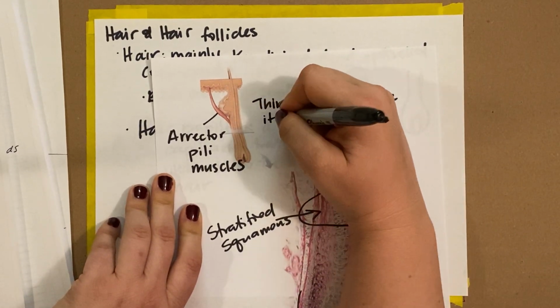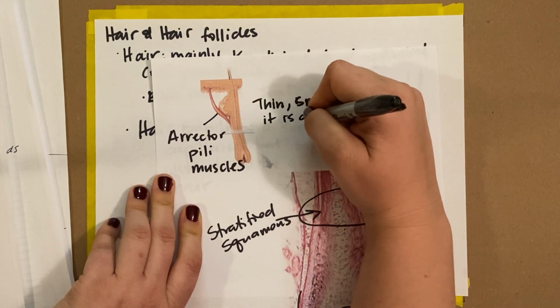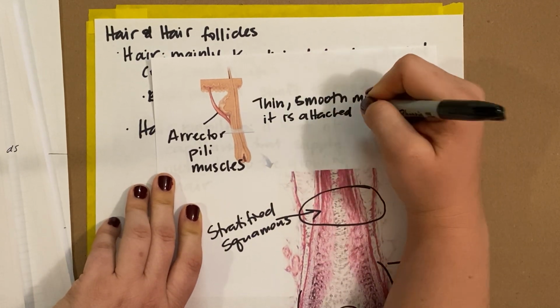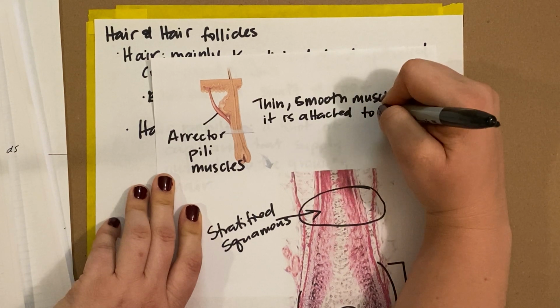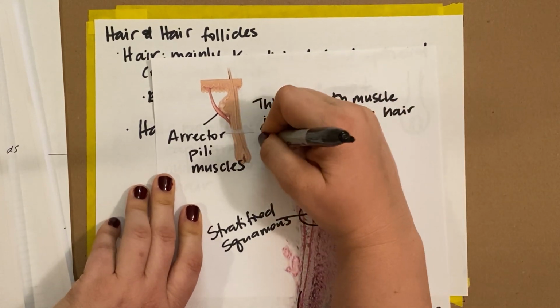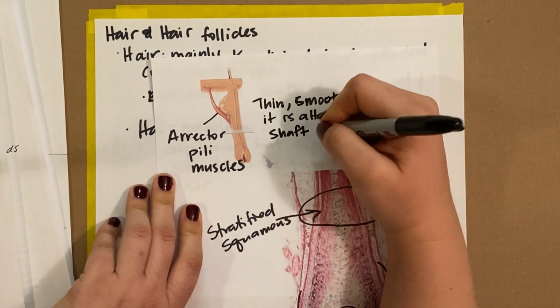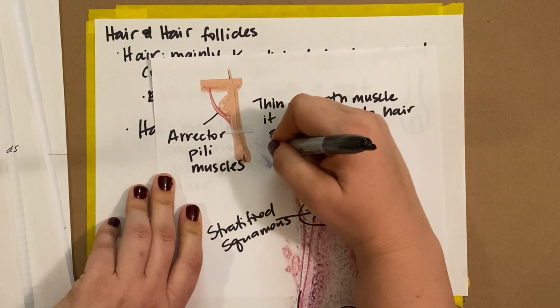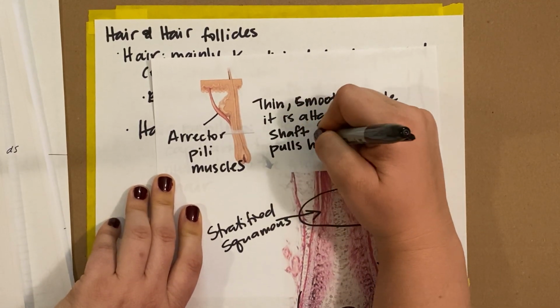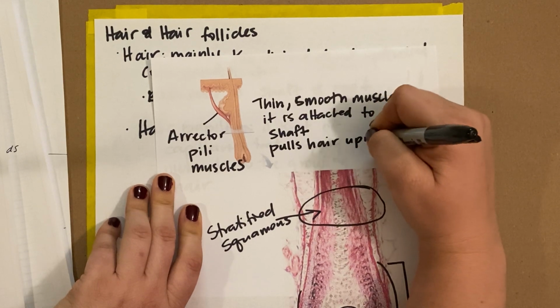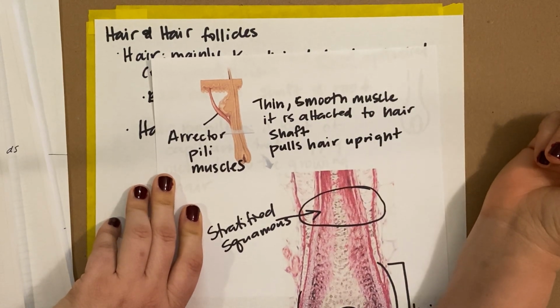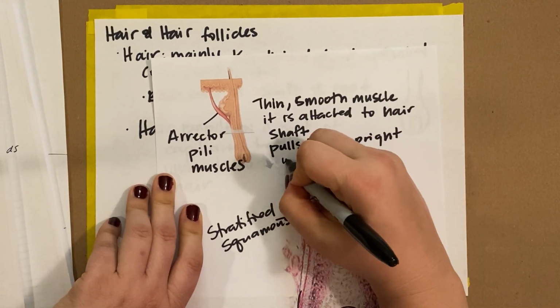It is attached to the hair shaft and pulls the hair upright when it is contracted.